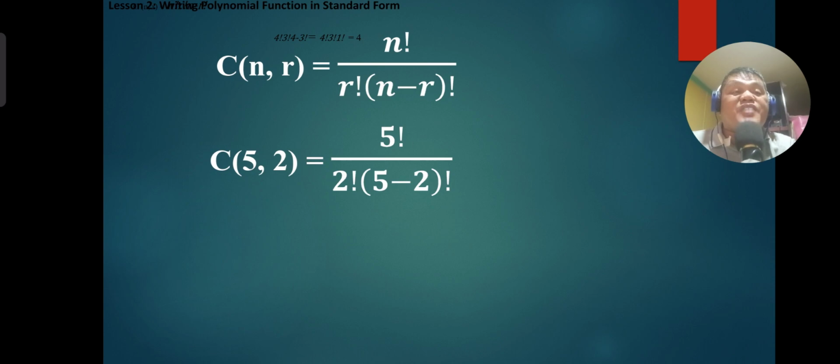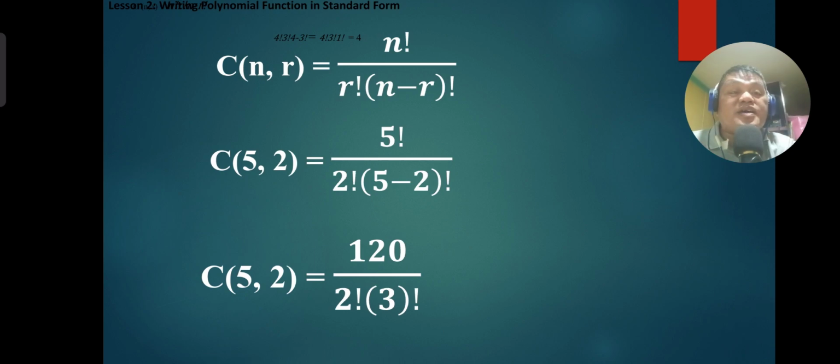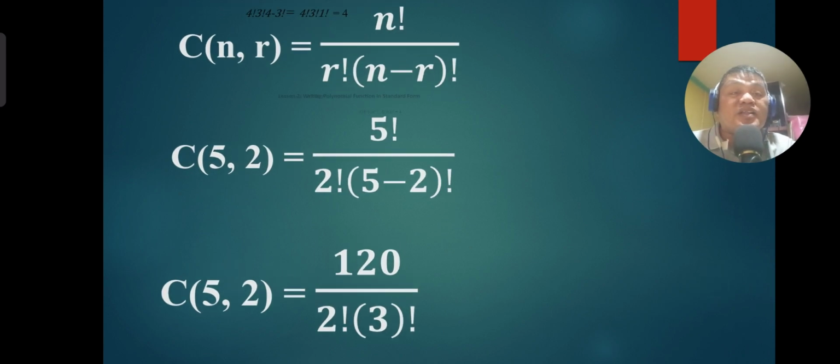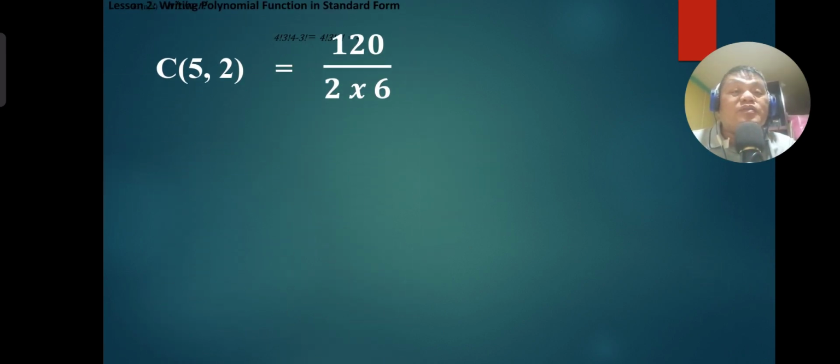So we have 5 factorial over 2 factorial times 5 minus 2 factorial is equal to 5 factorial is 120 over 2 factorial. Then we have 5 minus 2 is equal to 3 factorial. And we have now combination of 5 objects taken 2 at a time is equal to 120 over 2 times 6.